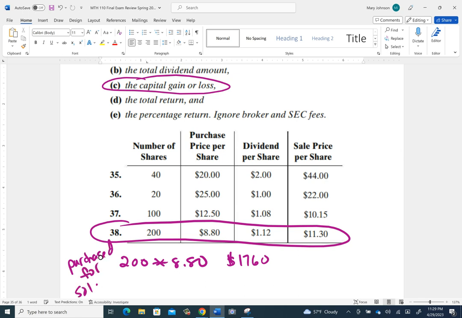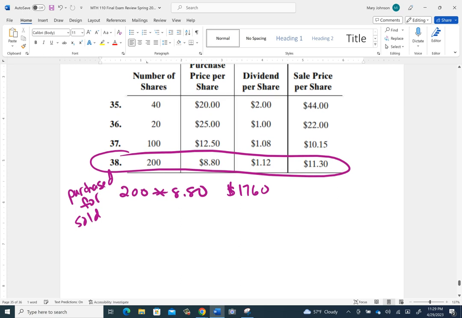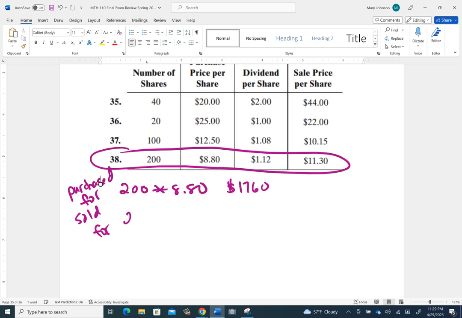And then we sold those 200 shares for $11.30 a share. So we're going to take 200 times 11.30, and that tells us that we sold them for $2,260.